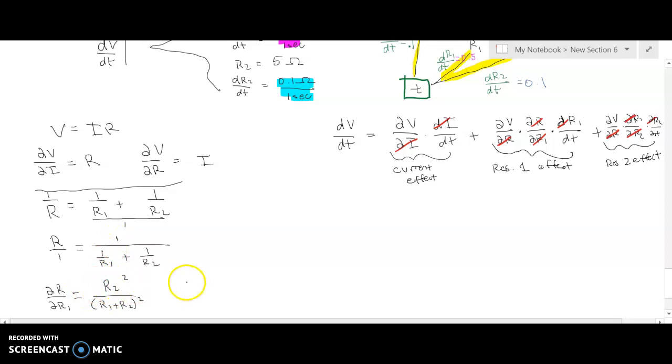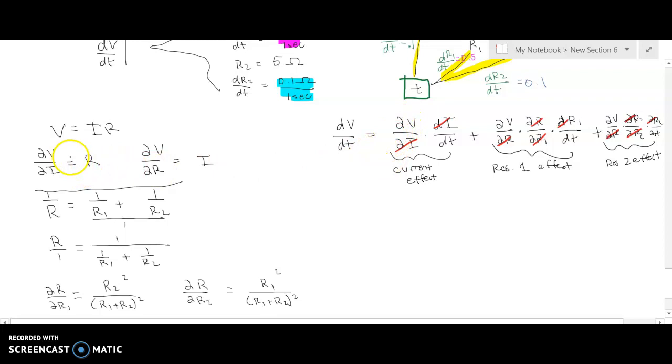And so if we compute the partial with respect to R2, we're going to get something similar, except this one is going to be R1 squared over (R1 plus R2) squared. And we now have everything we need. We just need to evaluate our partials. So what is dV/dI?